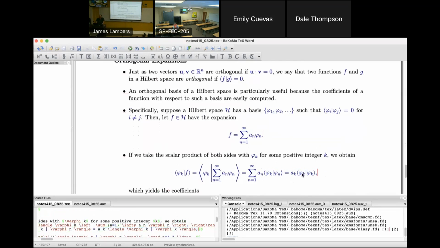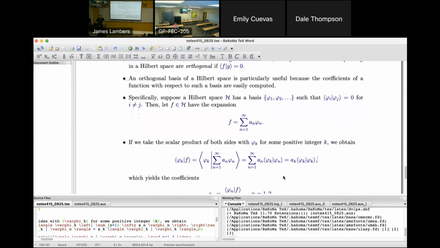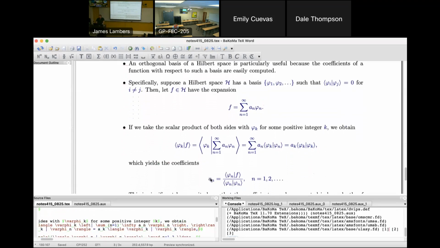I can just rewrite this and solve for a_k. So here's my general formula for the coefficients a_n. It's a scalar product of each orthogonal basis function with f, the function you're expanding, divided by the scalar product of that basis function with itself, which is guaranteed to be a strictly positive number.